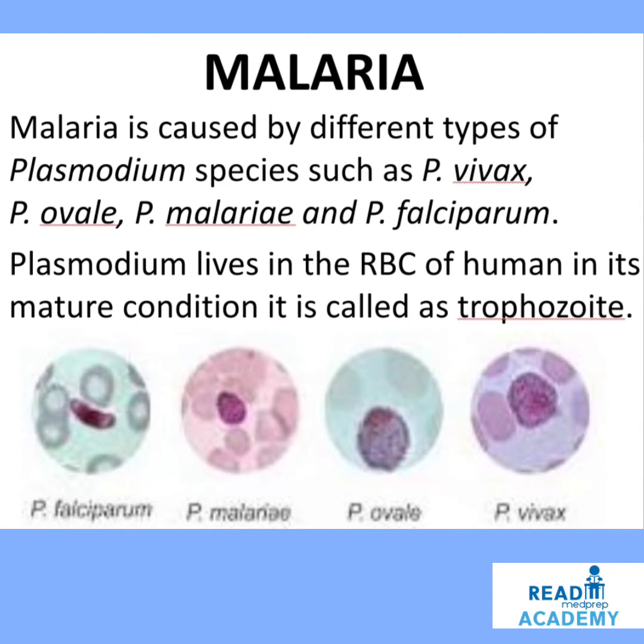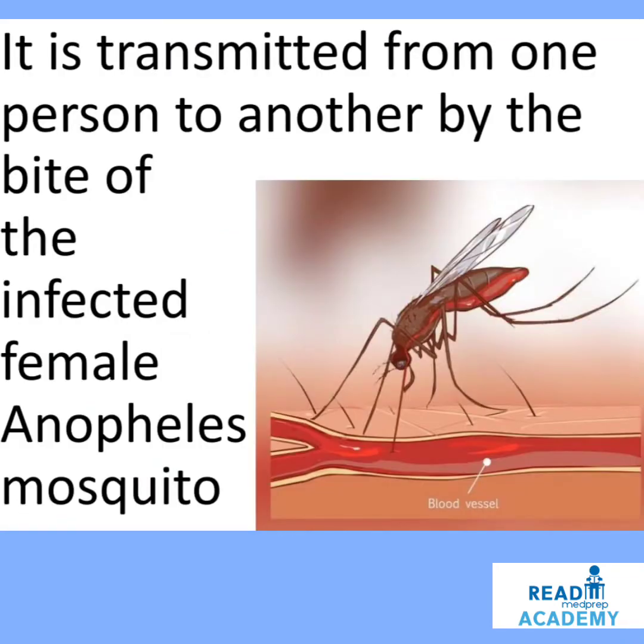In the images below you can see the trophozoite of Plasmodium falciparum, Plasmodium malariae, Plasmodium ovale and Plasmodium vivax. It is transmitted from one person to another by the bite of the infected female Anopheles mosquito. In the image you can see how the mosquito injects the protozoa into the blood vessel.